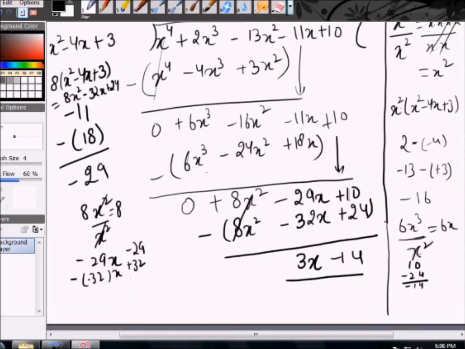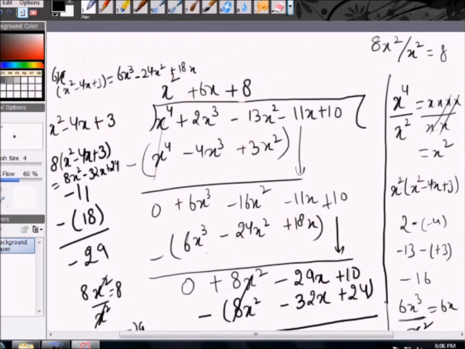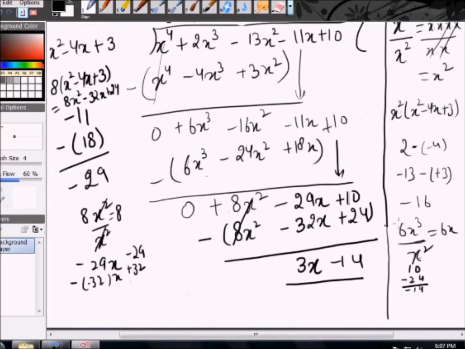Thus p(x), that is x raised to power 4 plus 2x cube minus 13x square minus 11x plus 10, can be expressed as quotient into divisor, that is x square plus 6x plus 8 into the divisor x square minus 4x plus 3, plus remainder, which is 3x minus 14.